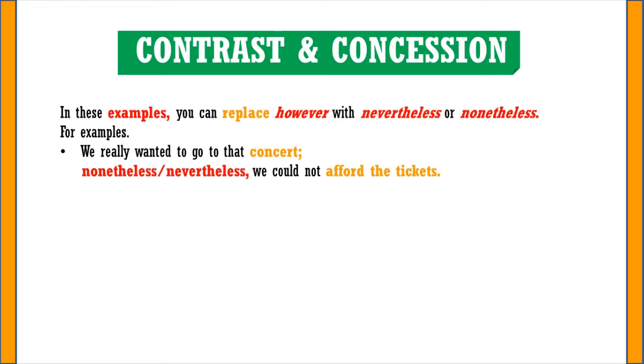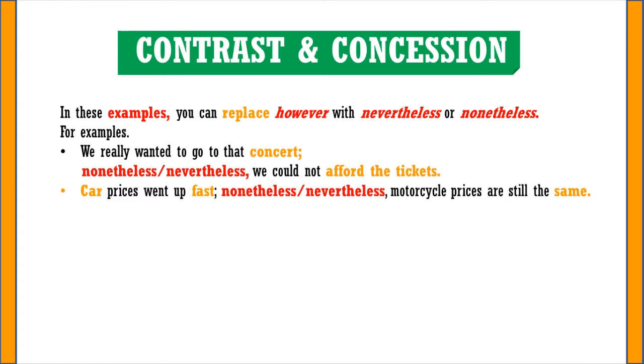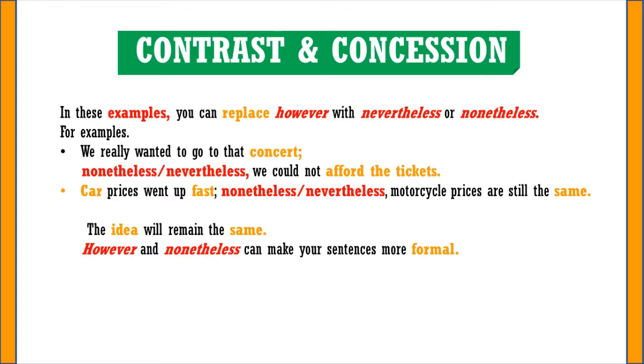Nonetheless, or nevertheless, we could not afford the tickets. Another example: car prices went up fast. Nonetheless, or nevertheless, motorcycle prices are still the same. The idea will remain the same. However and nonetheless can make your sentences more formal.